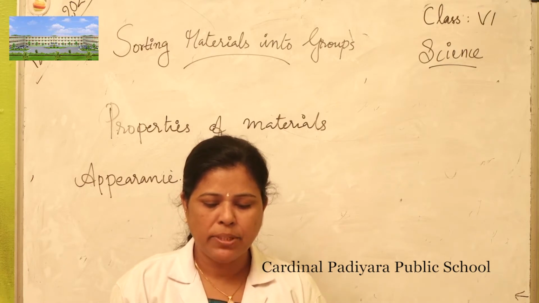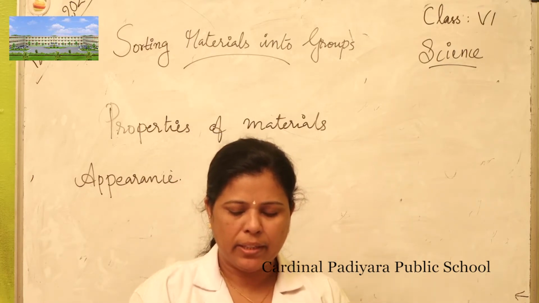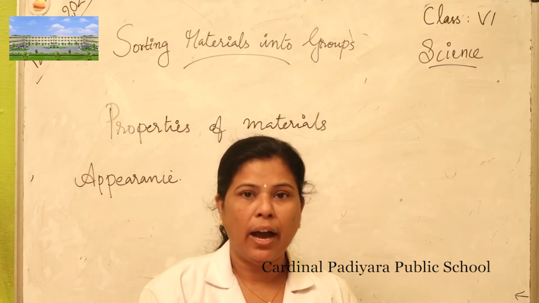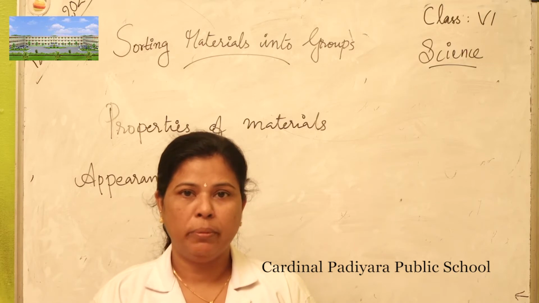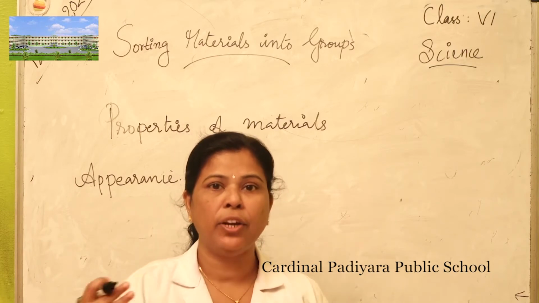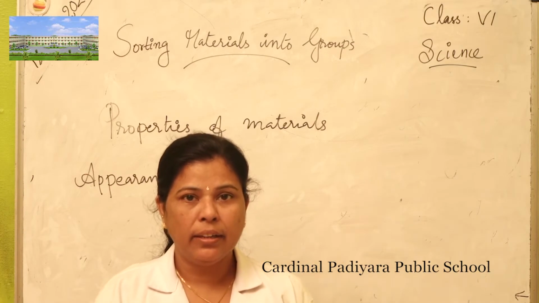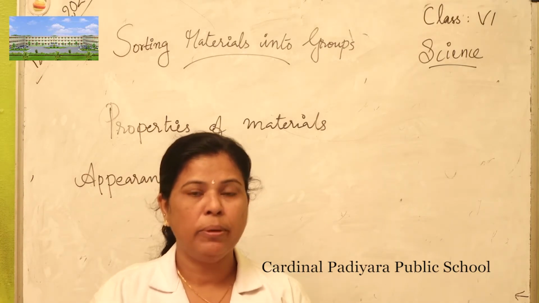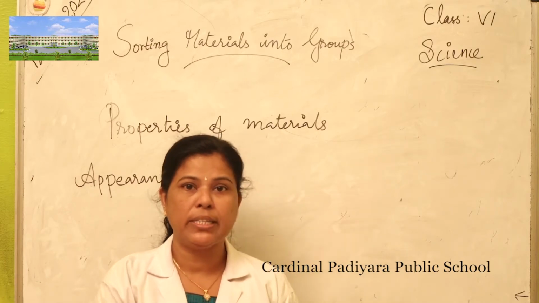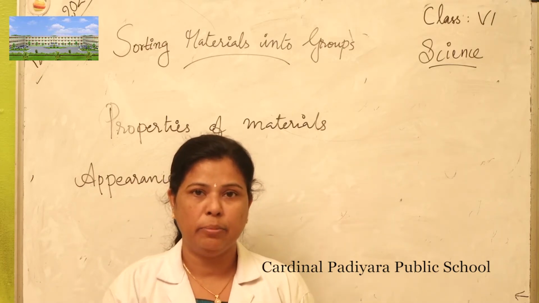At the same time, there may be some similarities between iron, copper and aluminium. Wood is entirely different from iron, and iron is different from aluminium or copper, but there are some similarities between iron, copper and aluminium.